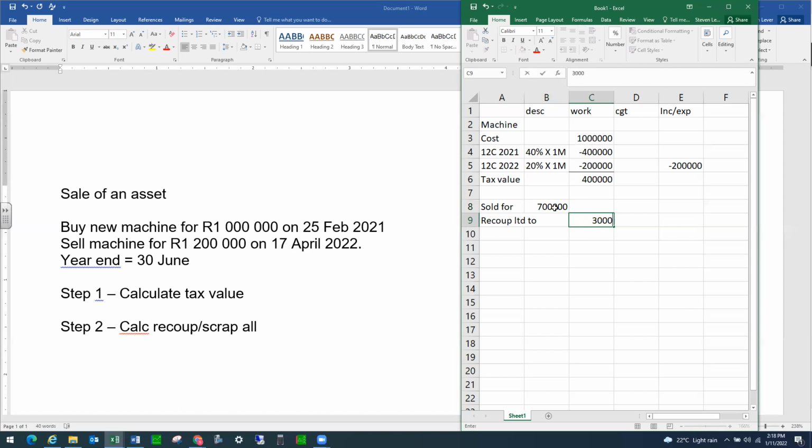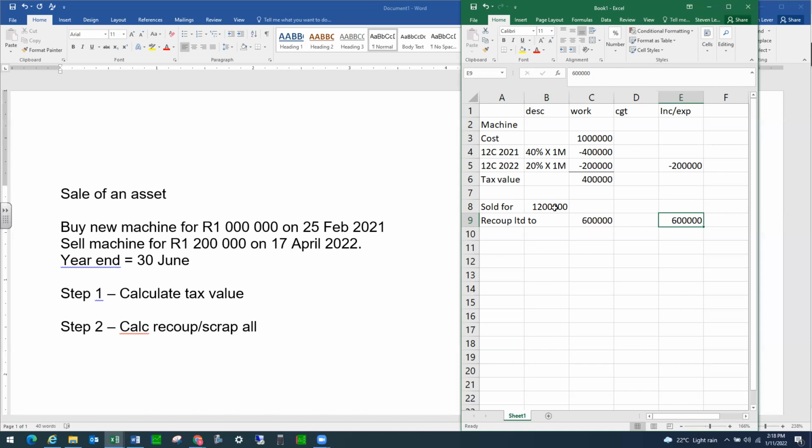This would only be 300,000. Okay, that makes sense, 700 less the 400. But if it's 1.2 million, I can't have anything more than what I've taken. This makes sense? Yeah. Have you done deferral of CGT and deferral of recoupments?